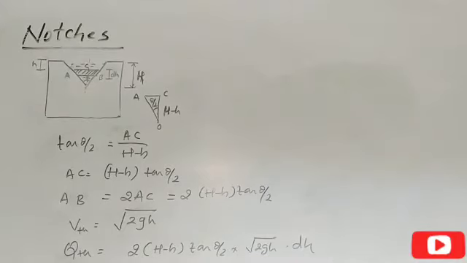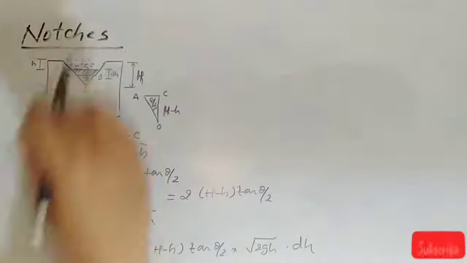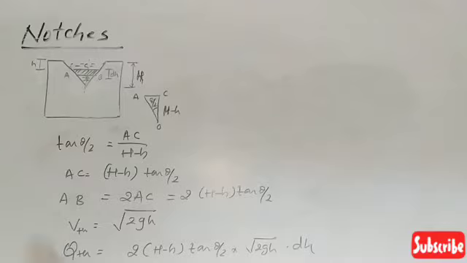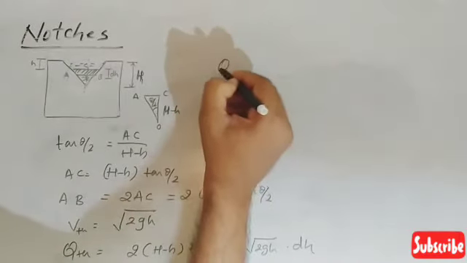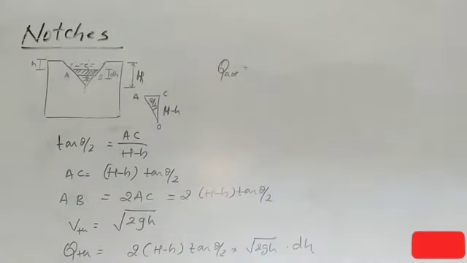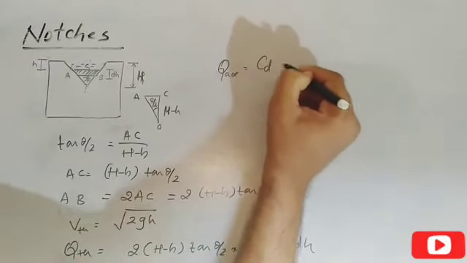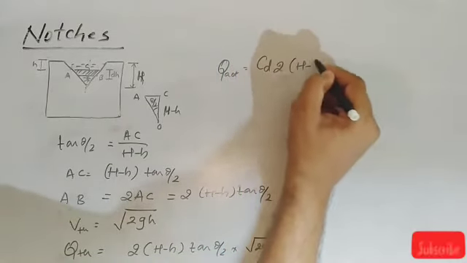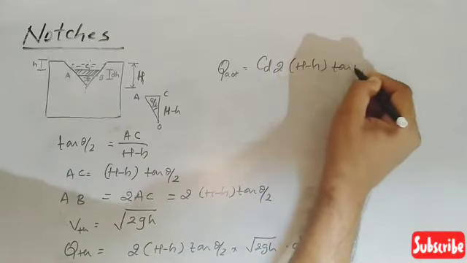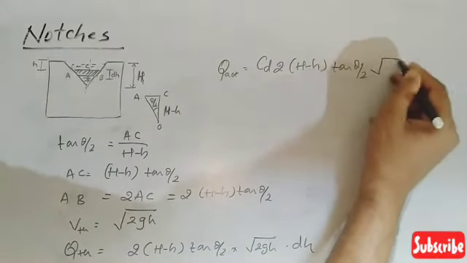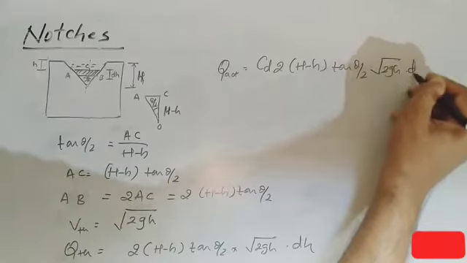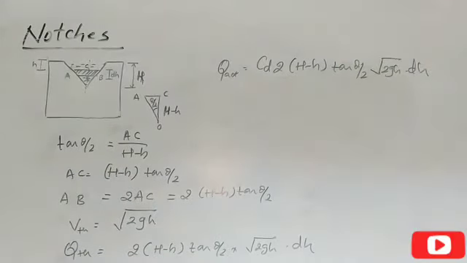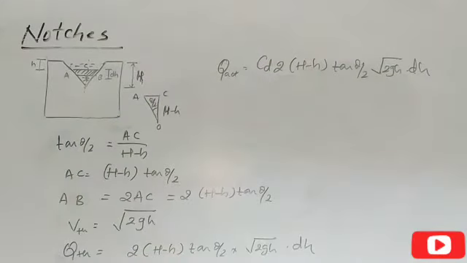So that is the thickness that has to be considered. Now the actual discharge dq actual is Cd of this notch into 2 into (H minus h) tan theta by 2 root 2gh into dh. So this is an actual discharge.